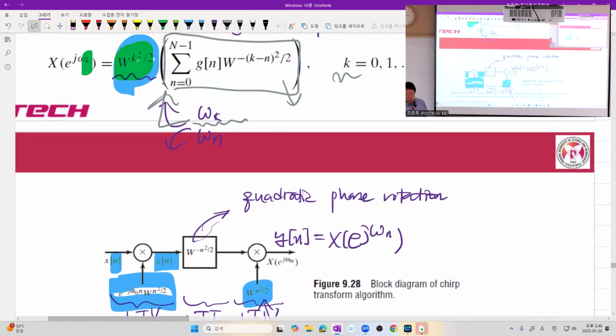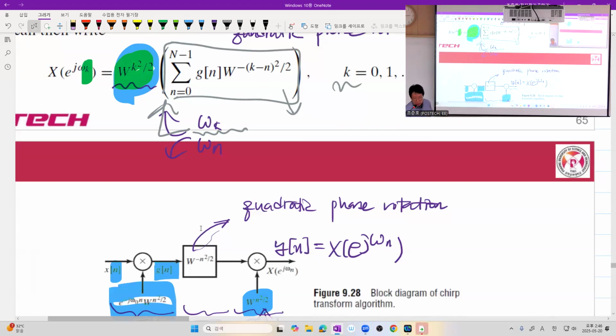And now g and the LTI system with impulse response w raised to the power of negative n squared divided by 2 are convolved.